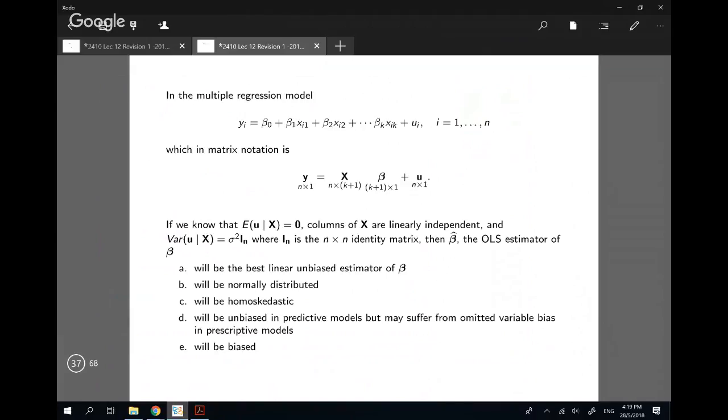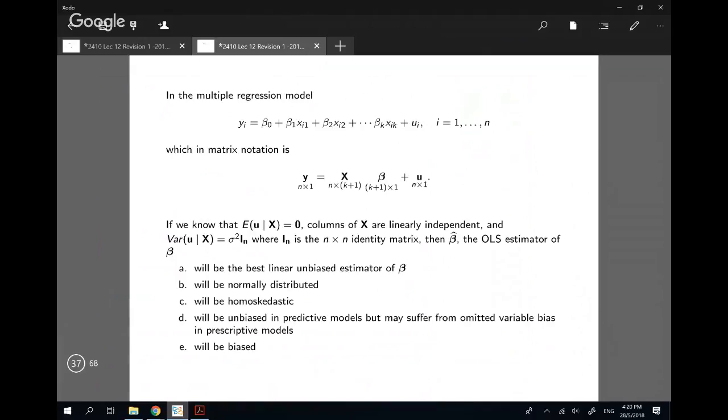So identity is a diagonal matrix where the diagonals are all 1. You multiply that by sigma square, a constant, to turn that one value into a matrix form, so all diagonals will have sigma square. So that's identity matrix times sigma square. So what's the answer? A, B, C, D, E.